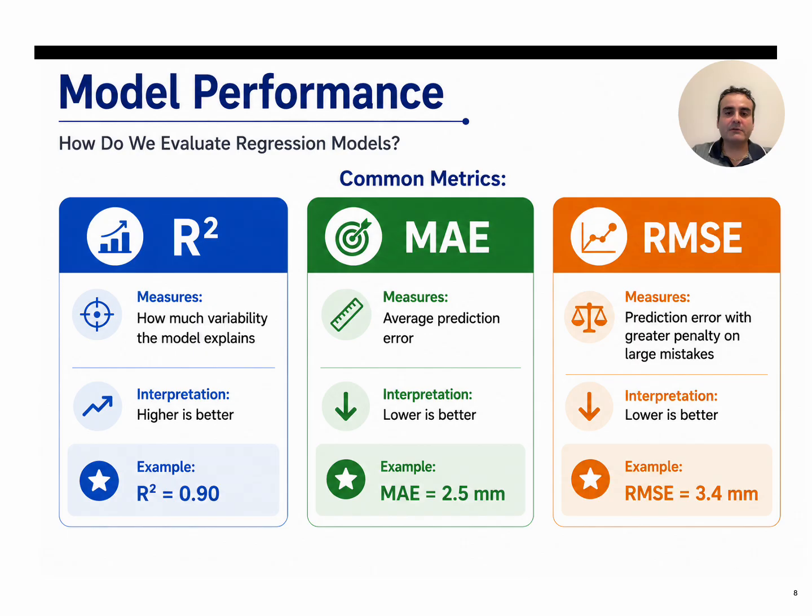Mean absolute error measures the average prediction error. Root mean squared error also measures prediction error, but penalizes larger errors more strongly. In engineering applications, we should not rely on only one metric. It is better to examine multiple metrics together.